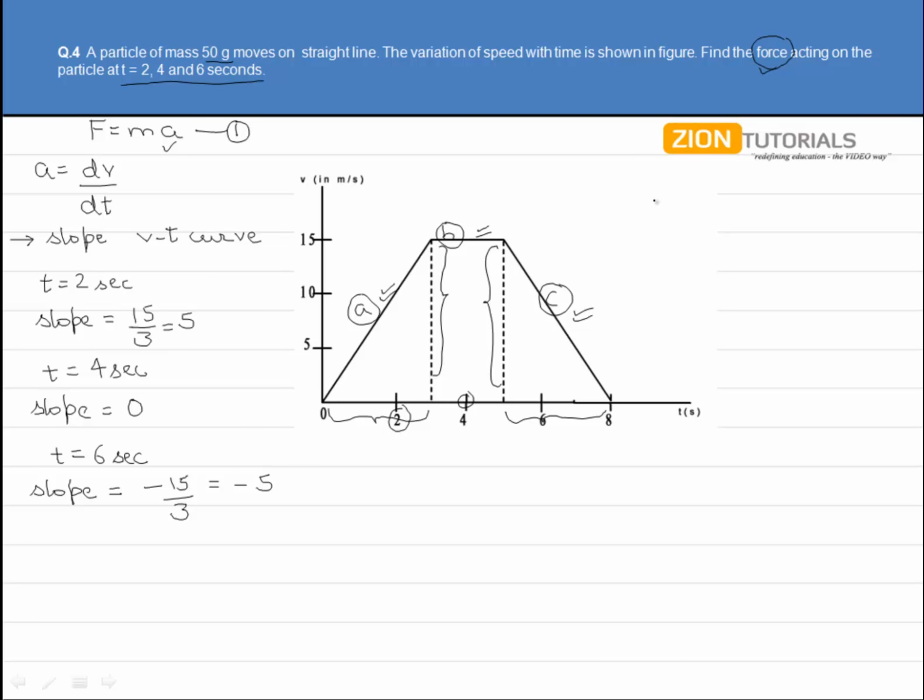So, from here we know that force is equal to mass into acceleration, and we have managed to find the acceleration. So, finding the force at t equals 2 is equal to mass, that is 50 by 1000. Make sure you have converted this into SI units.